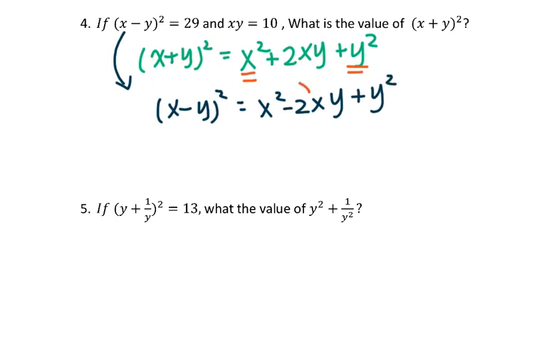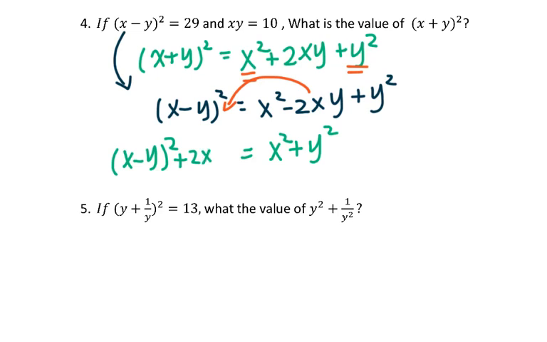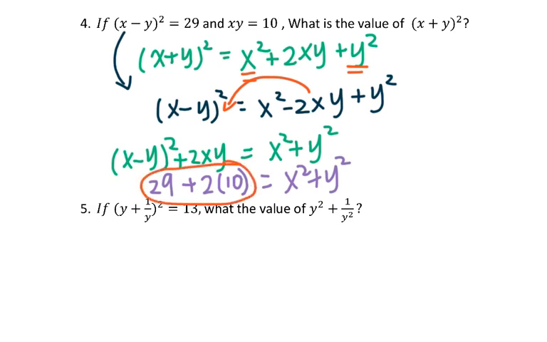And we add 2xy, then x squared plus y squared equals (x minus y) squared plus 2xy, which is 29 plus 2 times 10. So x squared plus y squared will be 49.